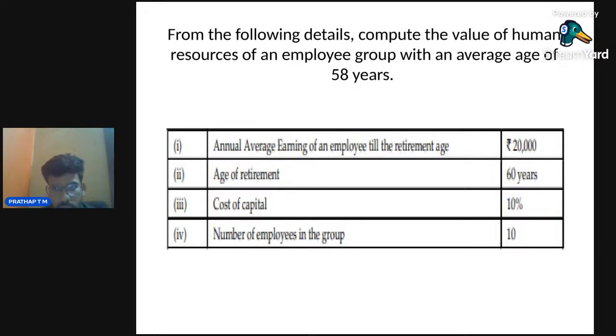Just look here, this is almost the same. It is the same method, but just imagine that if you have a discounting factor, the present value annuity factor, you can easily multiply with that.